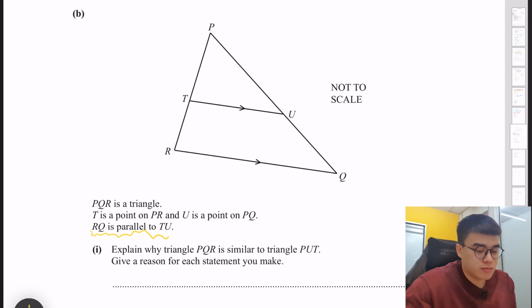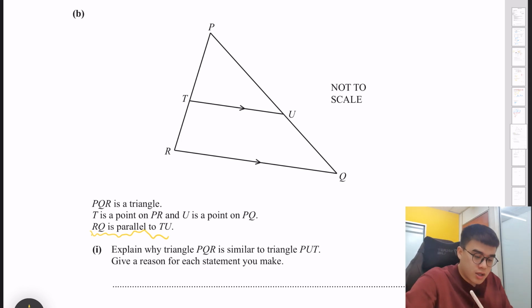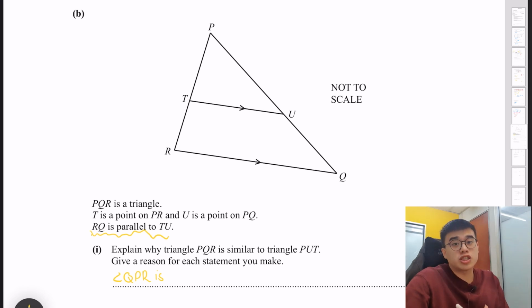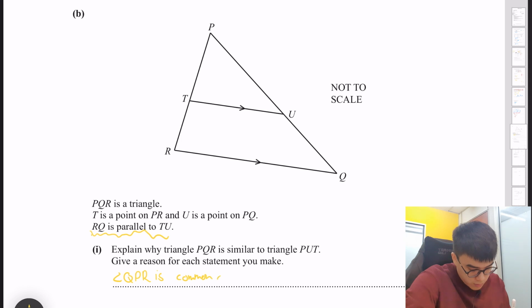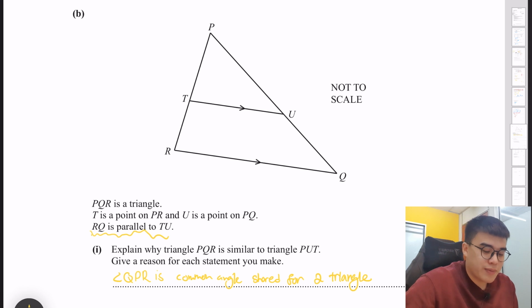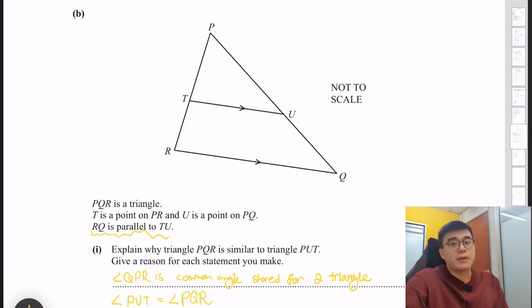So the next thing I would be using is, like I mentioned, angle P is the point that they share. So I'll be writing angle QPR is the common angle shared across the two triangles. Then the next thing that we'll be mentioning is angle PUT equals angle PQR, because of corresponding angles.